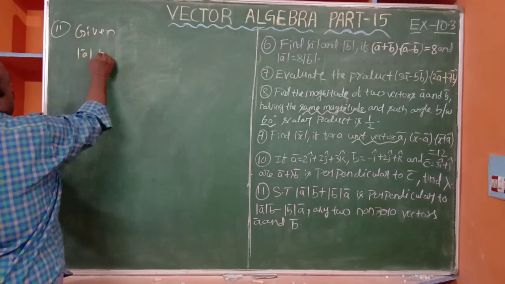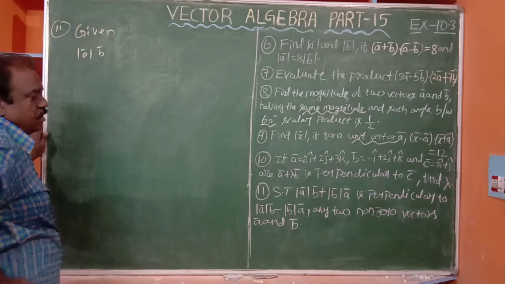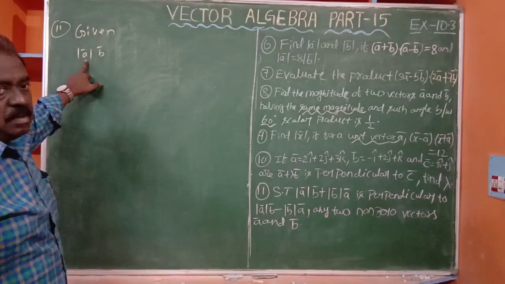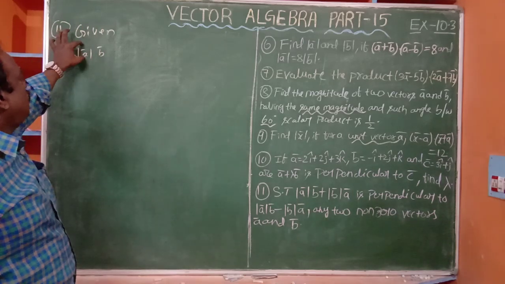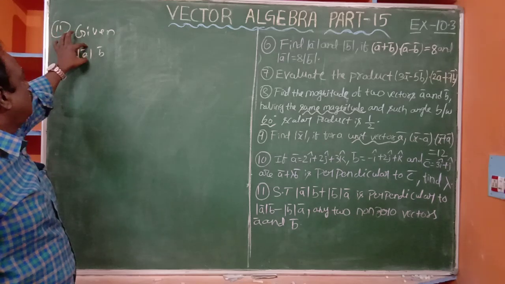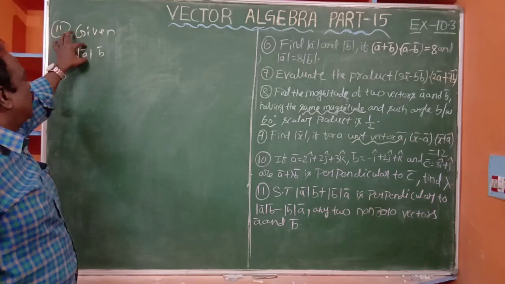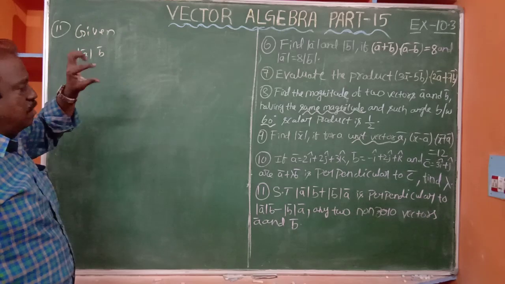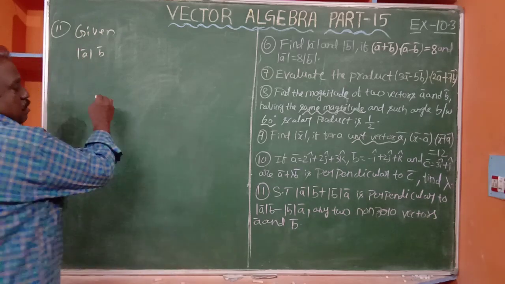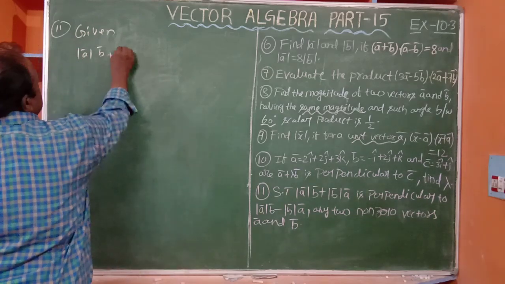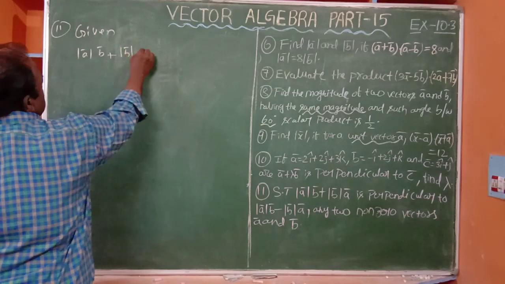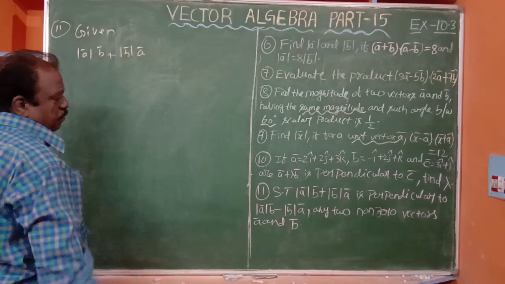Mod A bar into B bar: modulus of A bar is a number, the length or magnitude of vector A bar, but B bar is fully a vector, plus modulus of B bar into A bar, simply A bar.